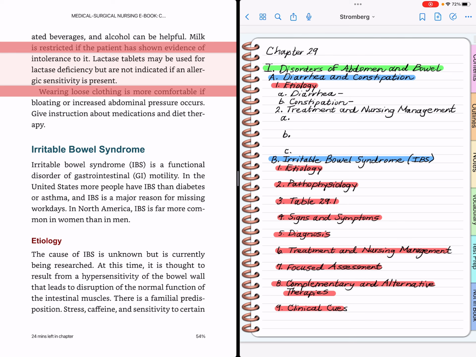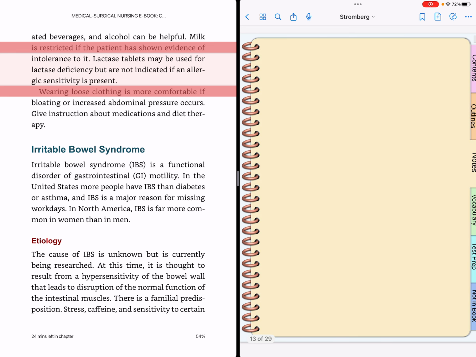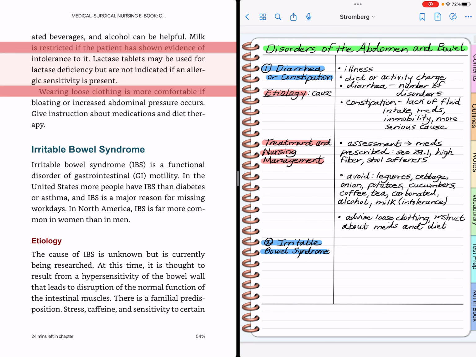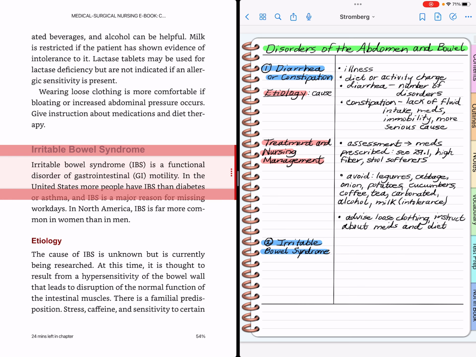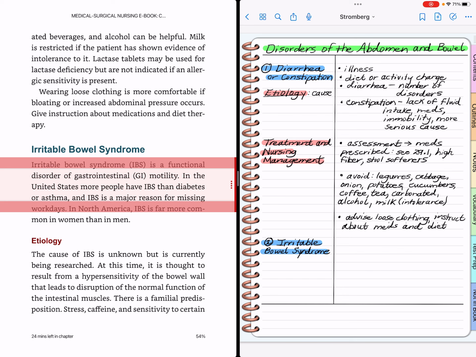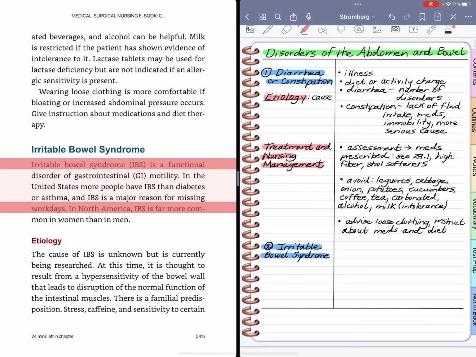Okay, so back to my notes. Let me do one more on irritable bowel syndrome. I'll get this, then I'll be out of space. Irritable bowel syndrome, or IBS, is a functional disorder of gastrointestinal motility. Stop here and make sure you know what gastrointestinal means.